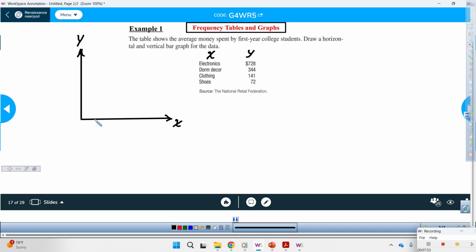So our X is electronics, dorm decor, clothing, and shoes. Our Y is money. It goes all the way up to 728.